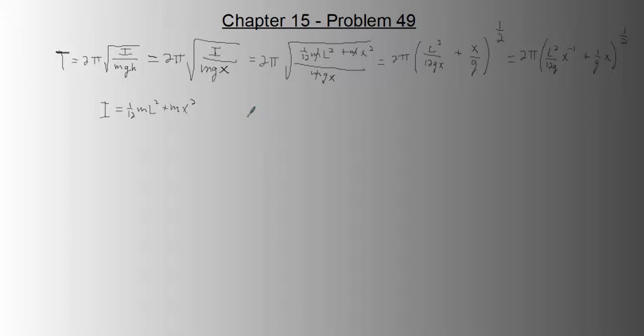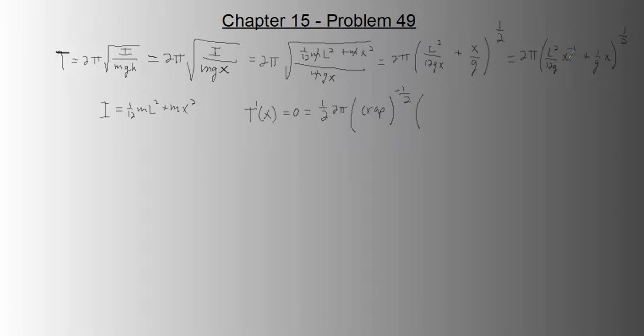So we want to minimize T of x. That happens when the derivative of T of x equals 0. So first we bring the half out to the front: 2 pi times, I'm just going to call it crap, to the negative 1/2, because you subtract 1 from the exponent, times the derivative of the inside.